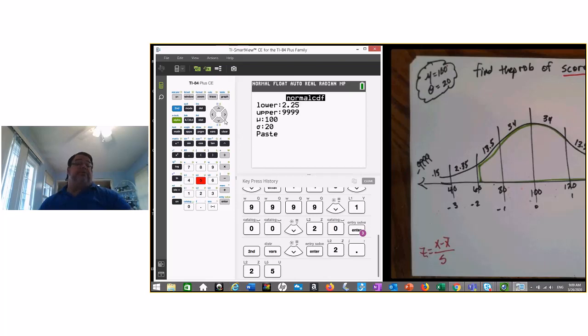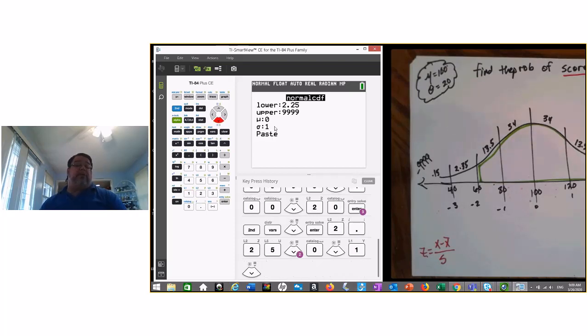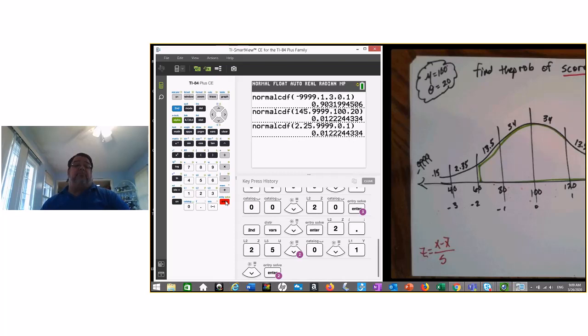Infinity can stay the same, and her calculator automatically has 0 and 1 here, it doesn't have the ability to change it. Paste, and see if it's the same answer. It's a miracle. All the way down to the 10th digit. So that's how you get the answer if you have a newer calculator or an older calculator.